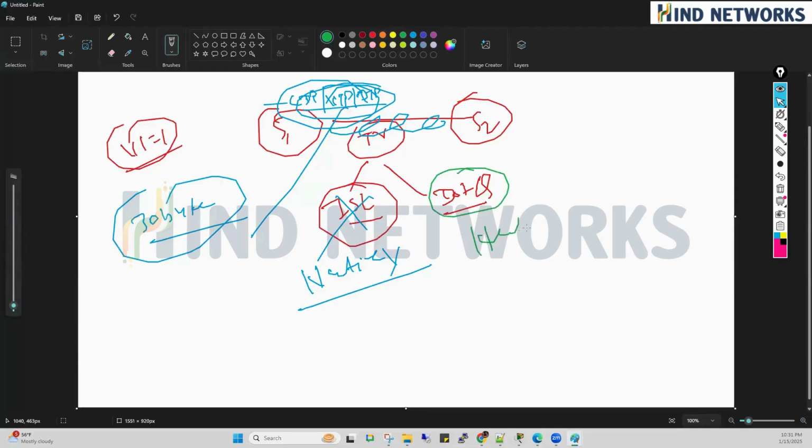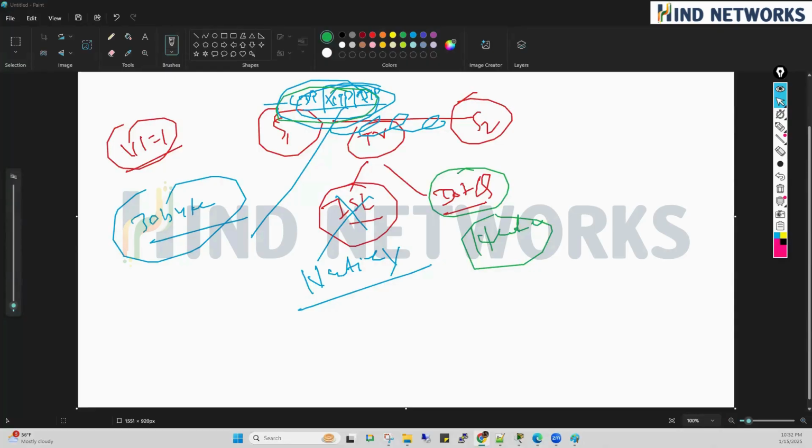802.1Q supports the native VLAN. It means for these types of traffic, 802.1Q is not going to perform tagging. Getting my point? Everyone, I hope this is clear to all of you, right? So guys, that is called the native VLAN. Whenever we configure the native VLAN, what is the best practice? Avoid VLAN 1 first of all.